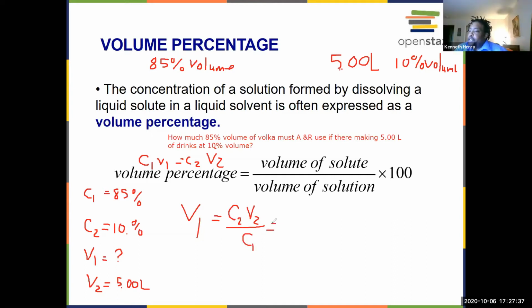Then it's just plug and chug, right? You can make it a drinking game, and Natalie and Morgan could get sloshed, right?